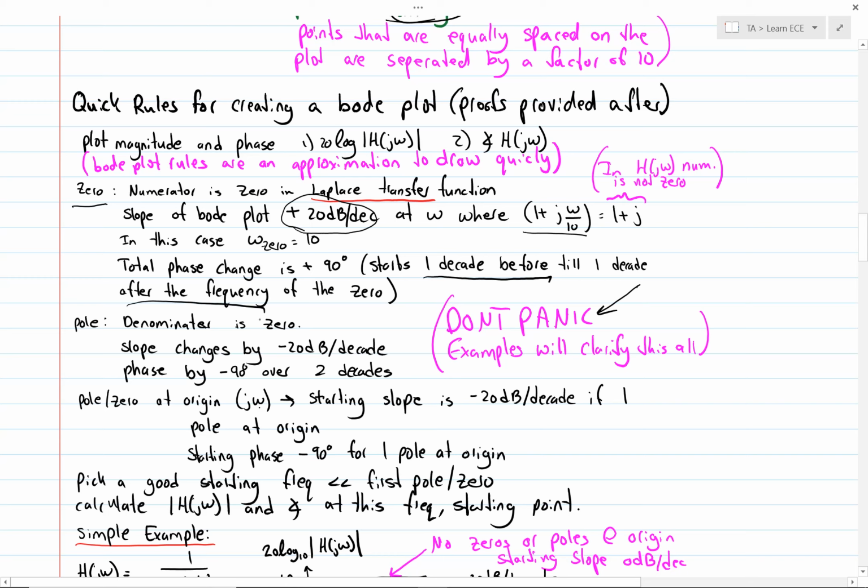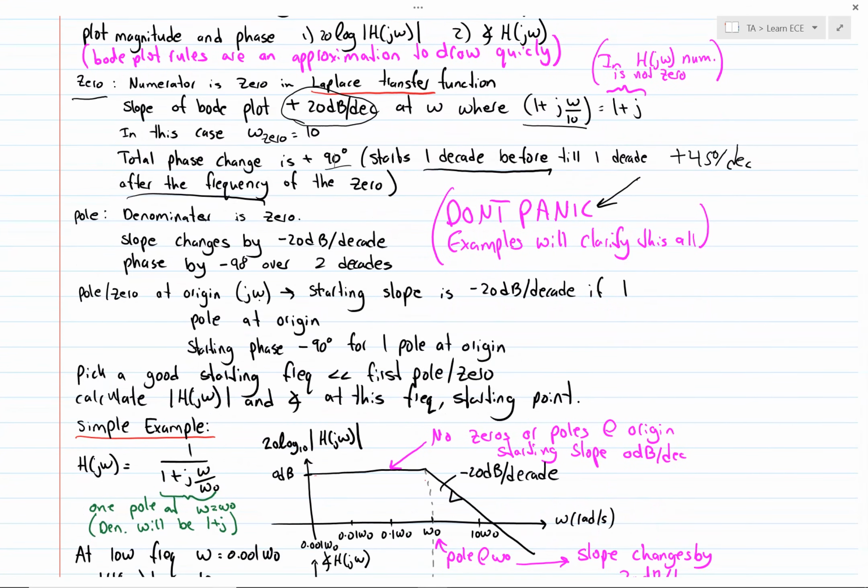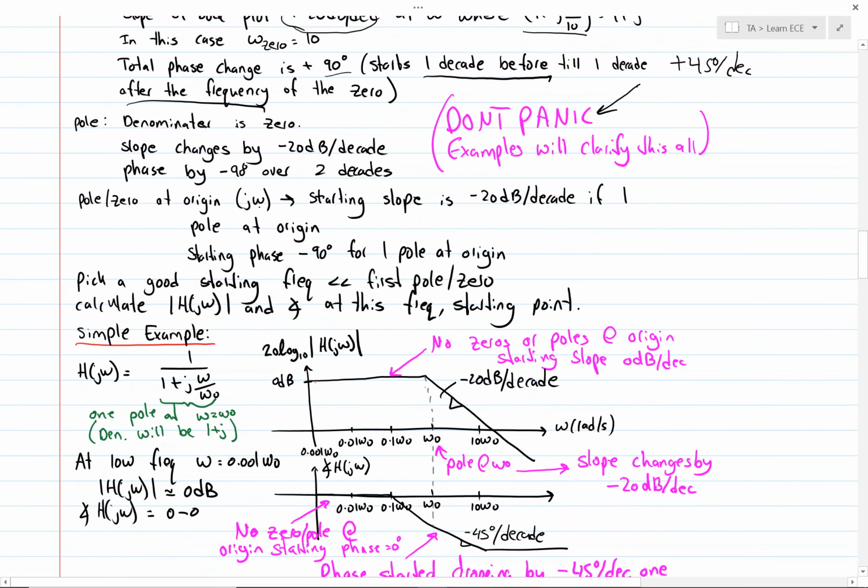So again, in an example, this will become clear, and the slope would be 45 degrees per decade, obviously, if you're going to start 1 decade before and 1 decade after and get a total of 90. If you had a pole, everything is the same, except that the slope changes by minus 20 dB per decade, and the phase changes by minus 90 degrees over 2 decades, whereas it was plus 90 for the other case.